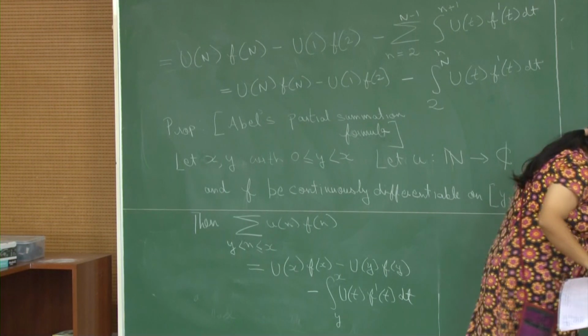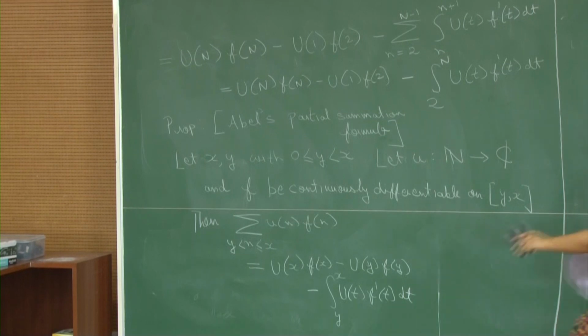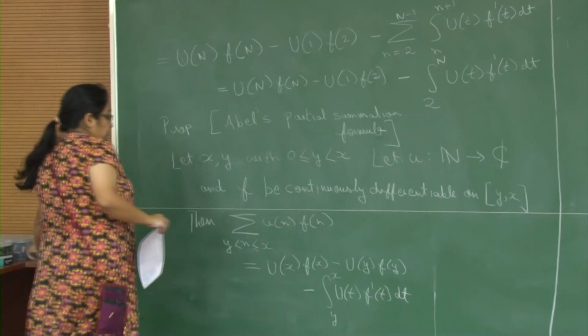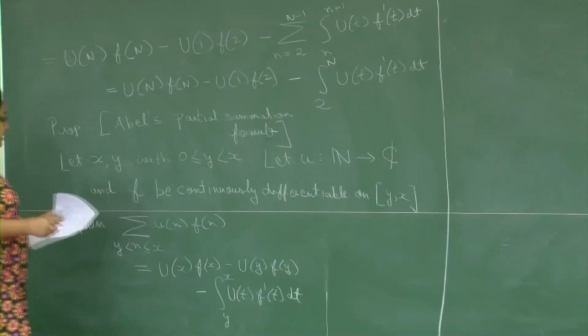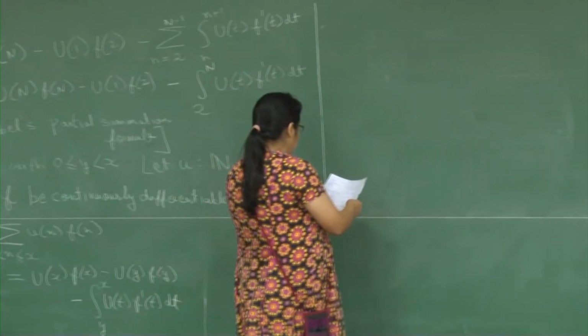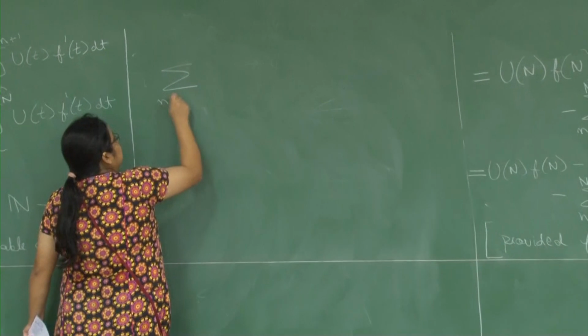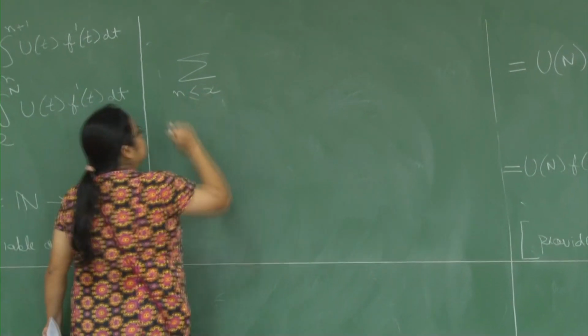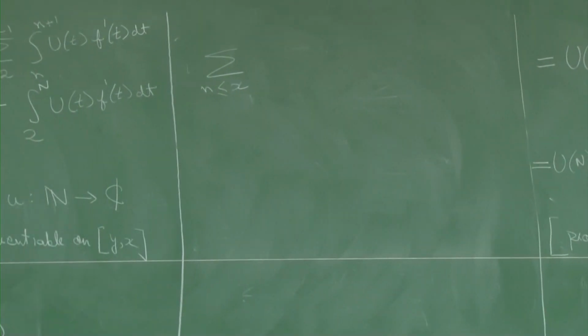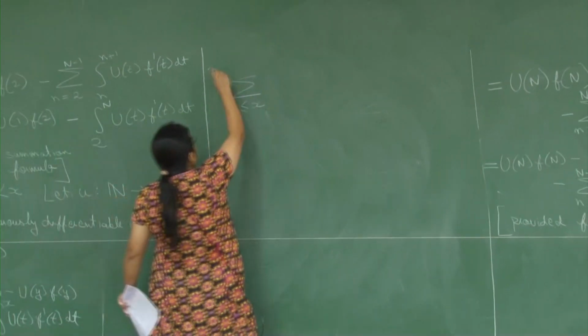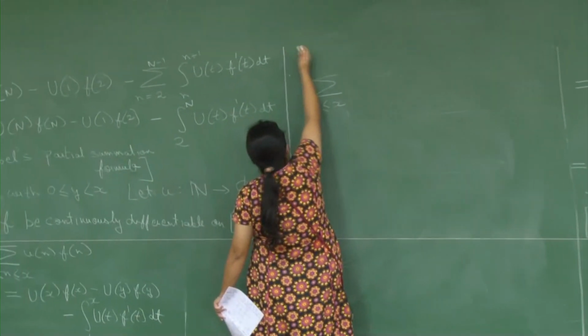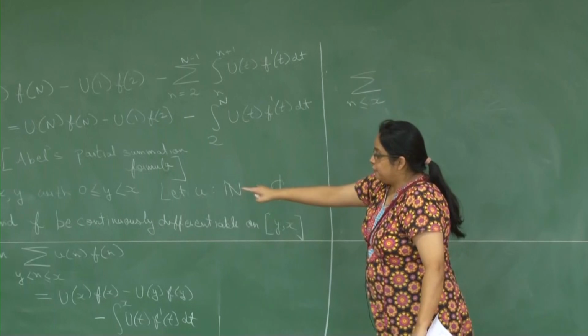So, let me also specify that. In particular, suppose you want to take all the natural numbers up till x. So, the other form, a consequence of this.